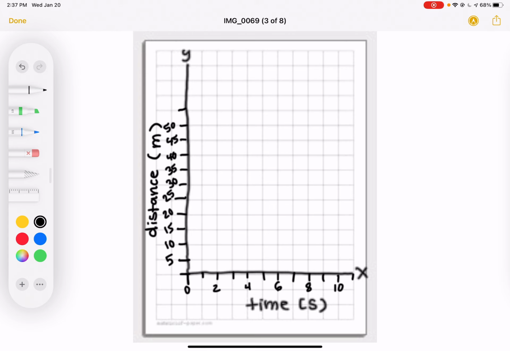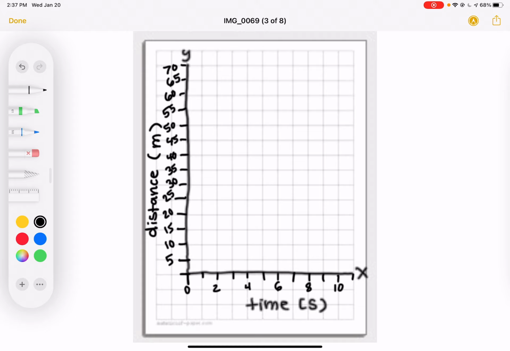But if you wanted to continue, you can. I'm only doing this because I don't like just stopping there. All right, so that is our units. We've made our axis, and we're ready to graph our information.